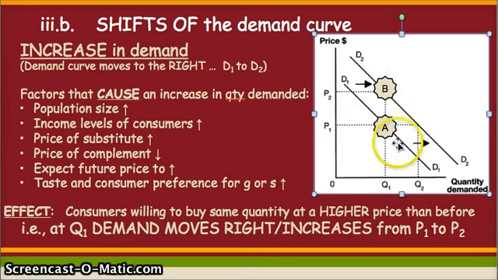So the overall impact that has really happened is that at P1 over here, on the original demand curve, the quantity demanded was Q1. Now, this particular quantity demanded is the same, but at a higher price.